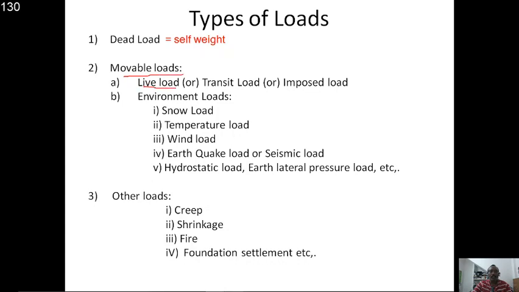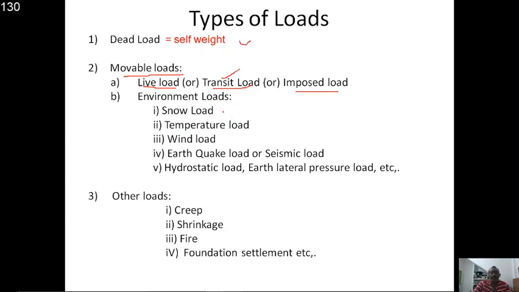Movable loads are live load, or transit load, or imposed load. They can be moved from one place to another place. In your house you are moving, hence for your house you become a live load or imposed load or transit load, whereas your furniture becomes a dead load, that is self weight load, right?